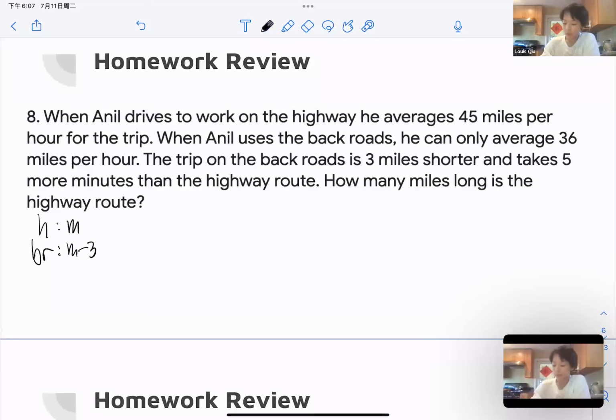Therefore, the time taken on the highway is m over 45, and on the back roads is m minus 3 over 36.